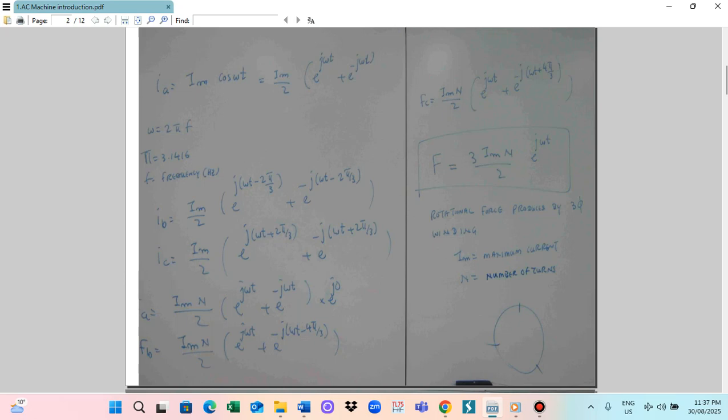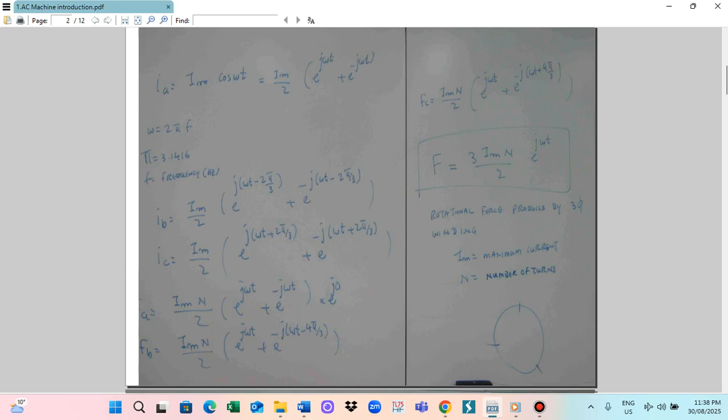The magnetic force produced by the generator winding we can calculate this way. The generalized formula is F equals 3 IM N by 2 times e power j omega t.